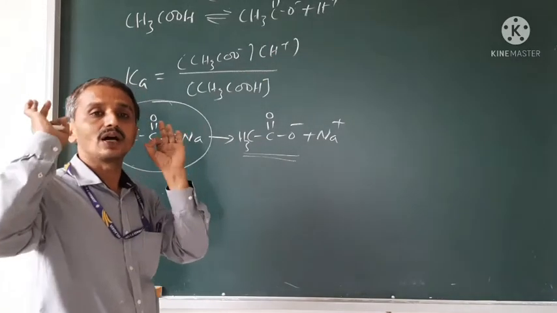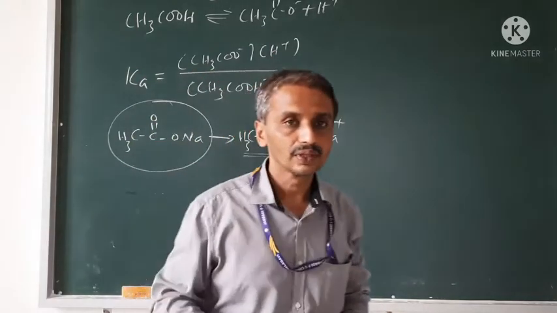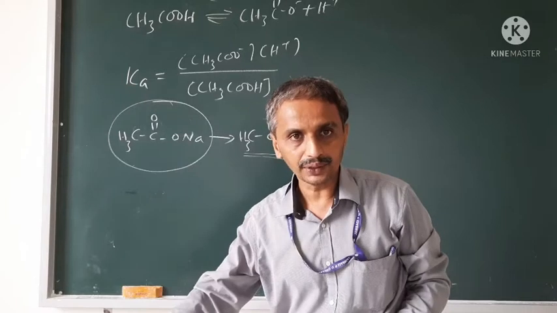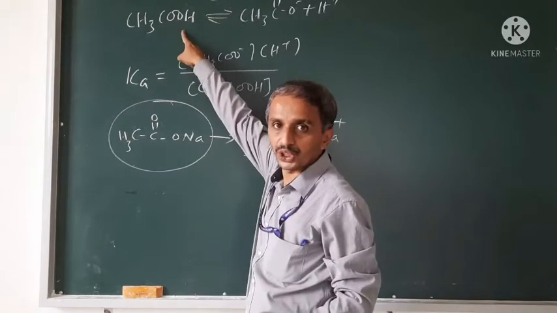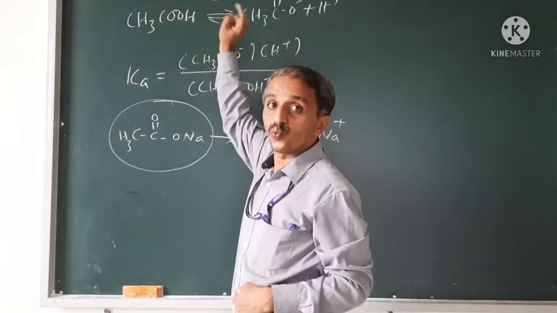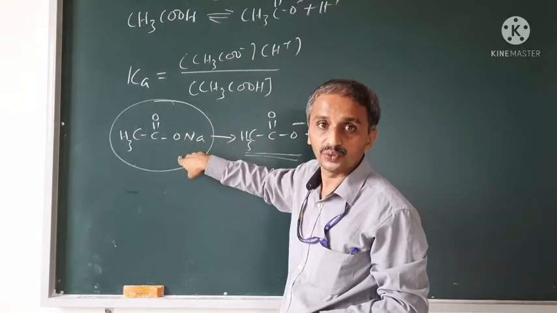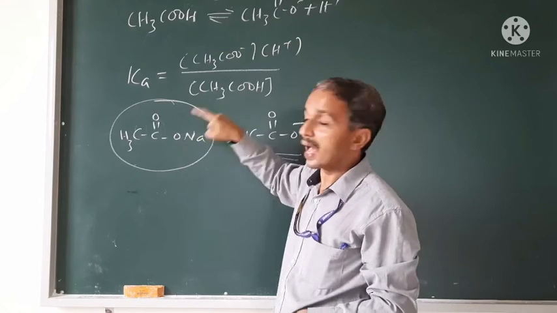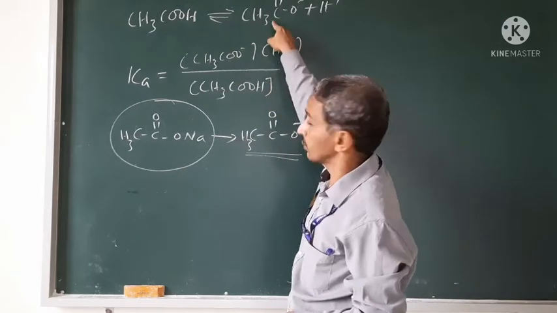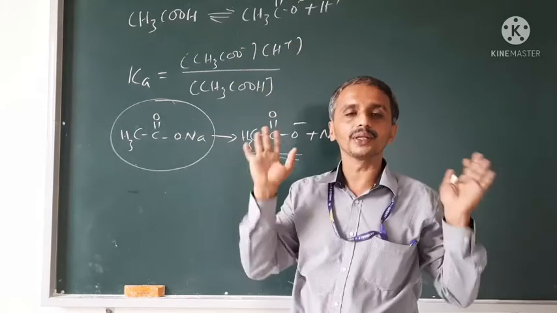That is called the common ion effect. Suppression in degree of dissociation of what? Weak electrolyte. How? Upon addition of a strong electrolyte having a common ion, that is called the common ion effect.